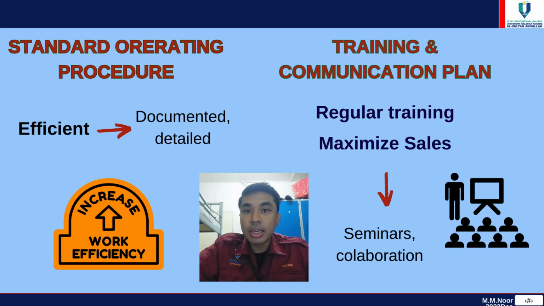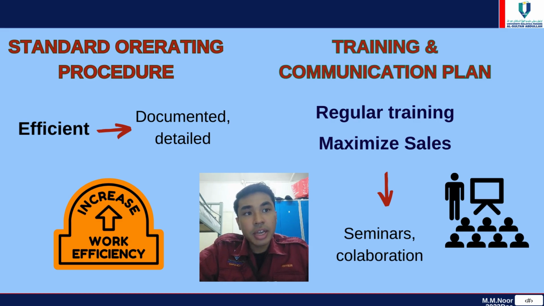This makes it more efficient, meaning it's documented, it's detailed, it can be accessed by anybody. This SOP is important because we don't want the control process at one time to be more lenient or more stringent than another, whereby the standards are lost.